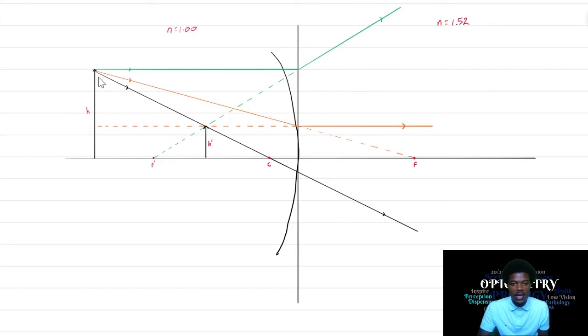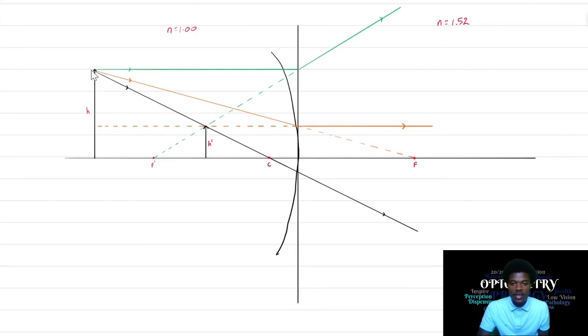So like in the first example, it passes through the primary focal point and then it also runs parallel to the optical axis. But since it's a divergent system, we need to extrapolate these rays backwards to see where they meet. So we have the green and the orange meeting there.